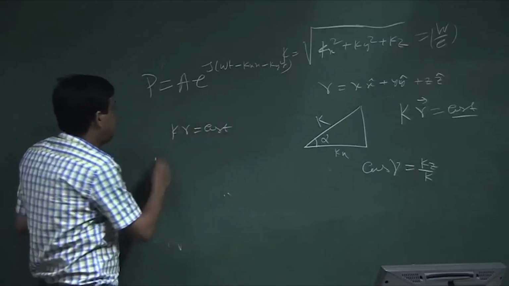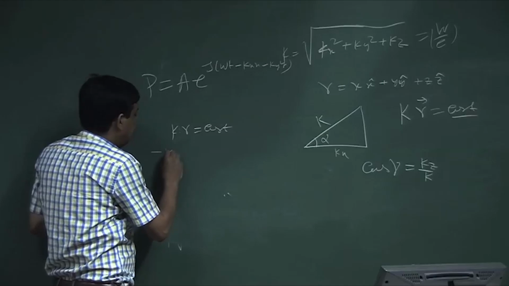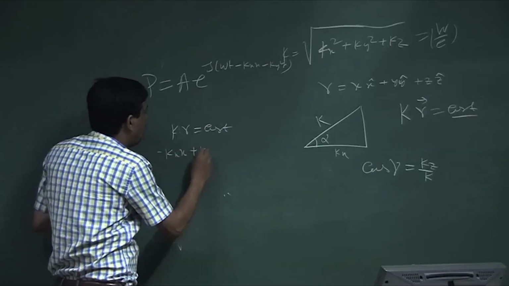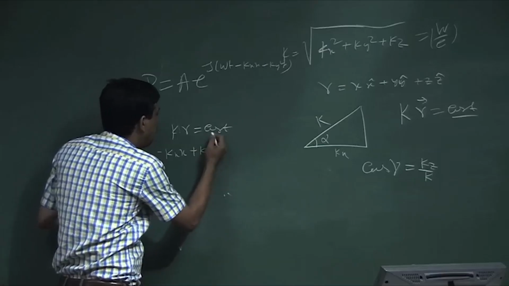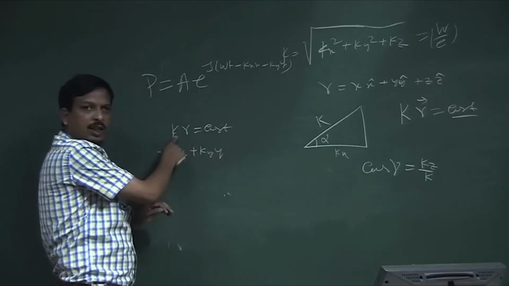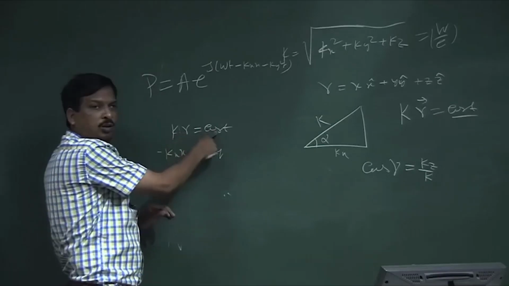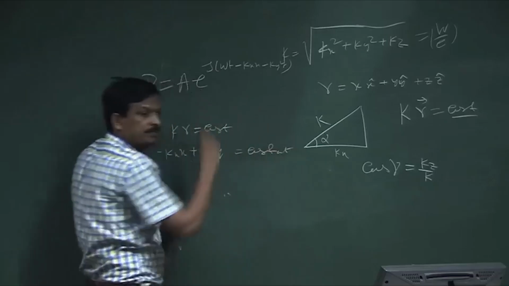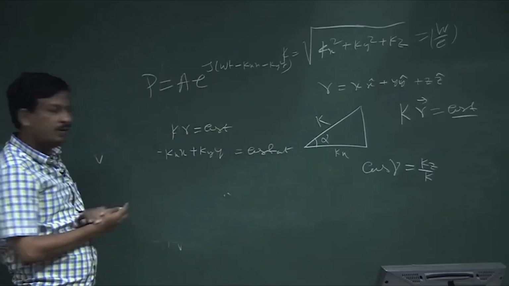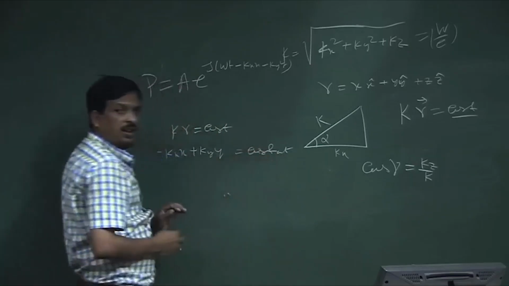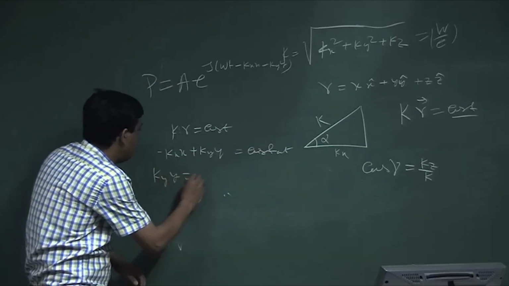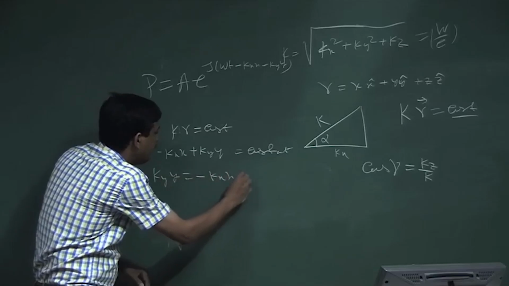Okay. So I said that k dot r should be a constant. So that means kx x plus ky y, which is nothing but k dot r, the propagation vector, is equal to a constant. So in that case, ky y is nothing but minus kx x plus constant.